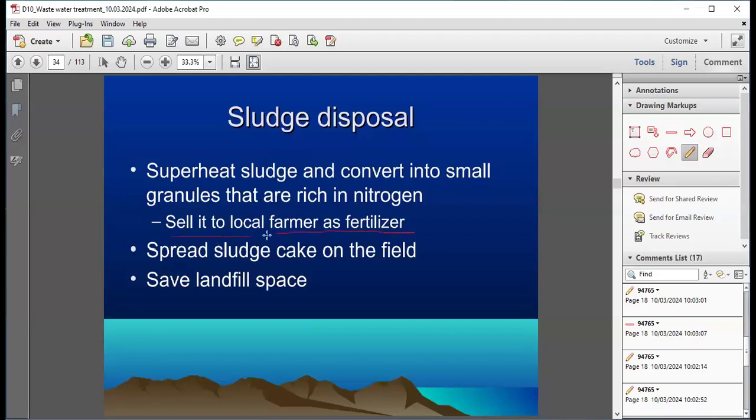Sludge can be converted as fertilizer. Spread sludge cake on the field, saving the landfill station. Right?